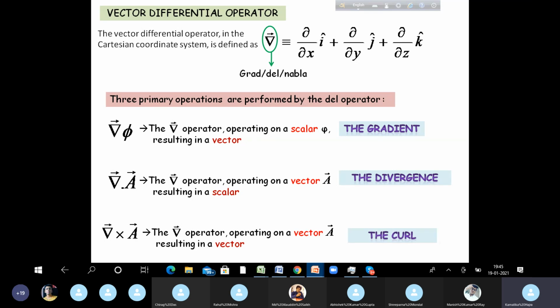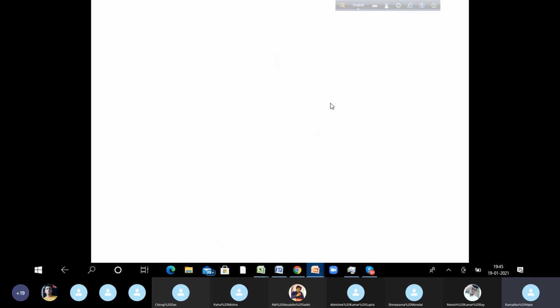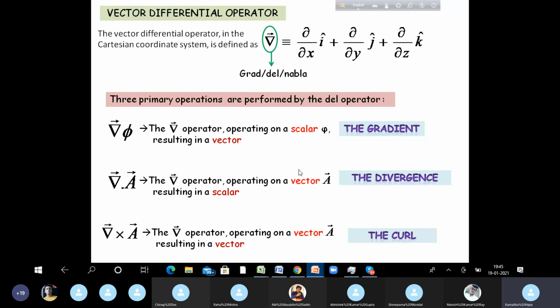So you have been introduced to a vector differential operator, which in the Cartesian coordinate system looks like this. Okay. And you have now learned that it can operate in 3 ways. First, it can operate on a scalar, converting it to a vector, and this operation is called taking the gradient of the scalar.